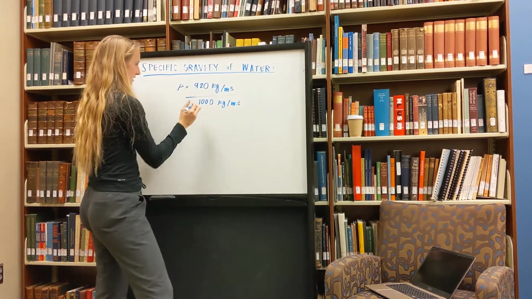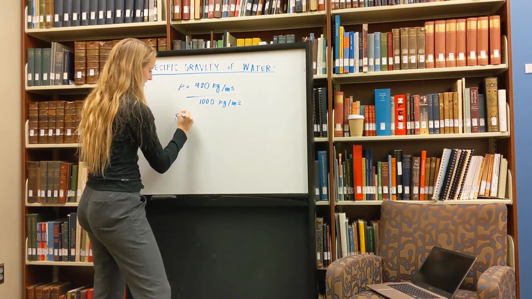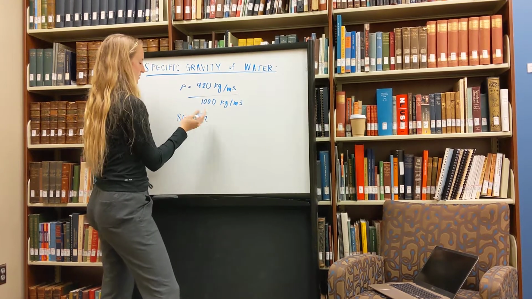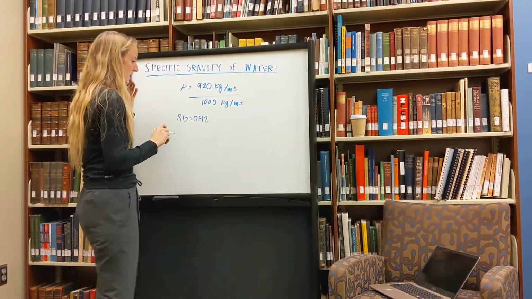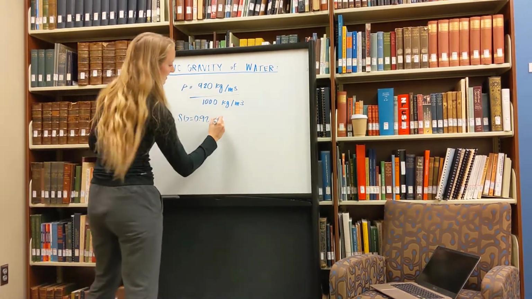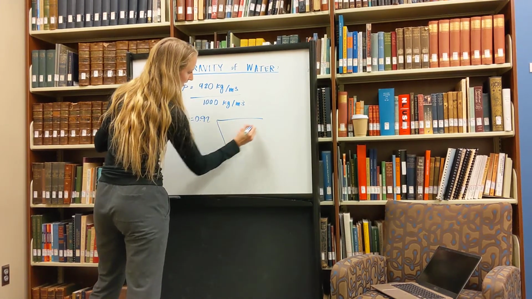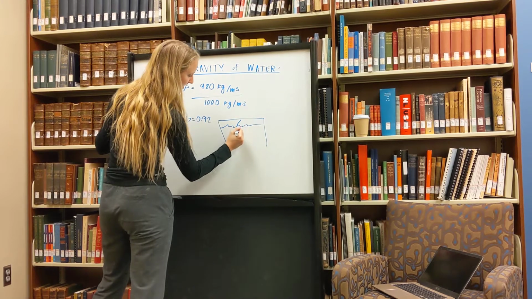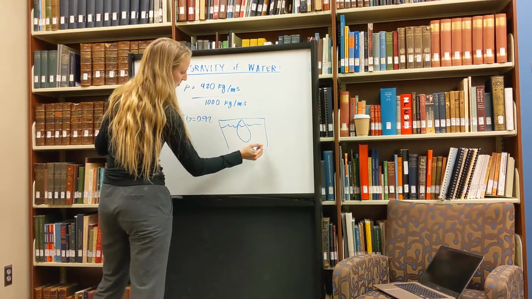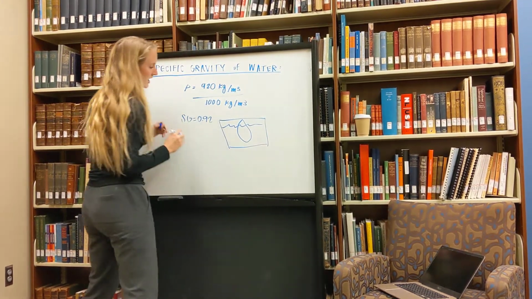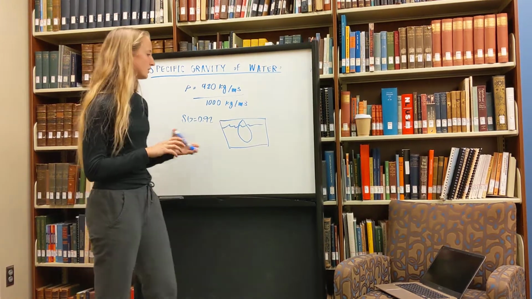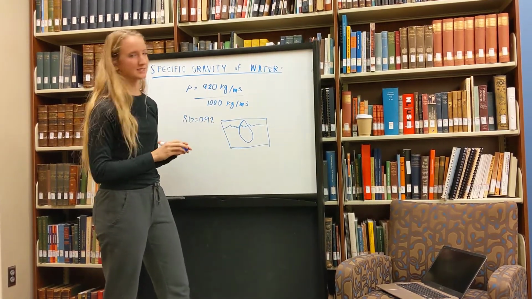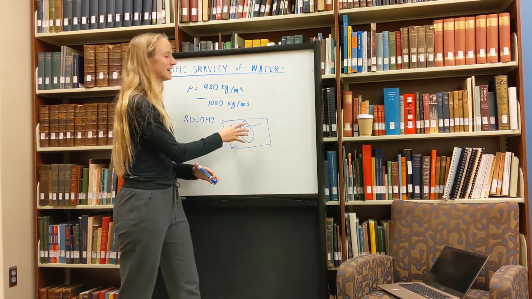So that would mean that ice has a specific gravity of 0.92, just no units, just a ratio. And so this would mean that if ice was submerged in water, 92% of the ice would be in the water, leaving 8% out of the water. And if you look at an iceberg, this is really cool because only the top 8% is out of the water, and really you have a ton of ice under there.